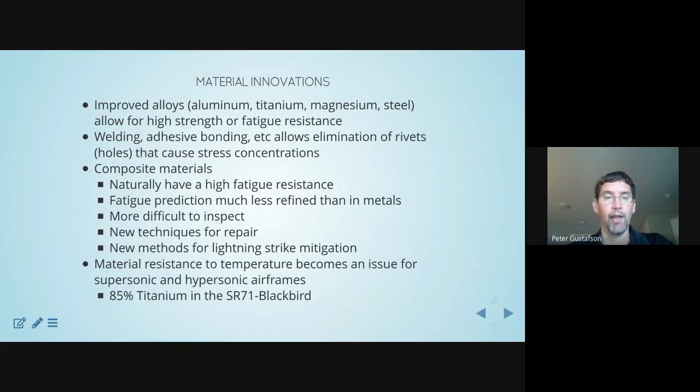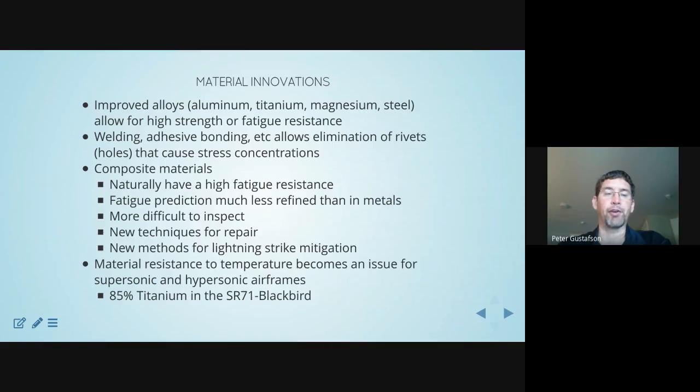And so that has both weight benefits, part count benefits, and cost advantages, although it's not without its challenges. I've mentioned composites a little bit. Composites really are an ongoing and continuous material innovation.